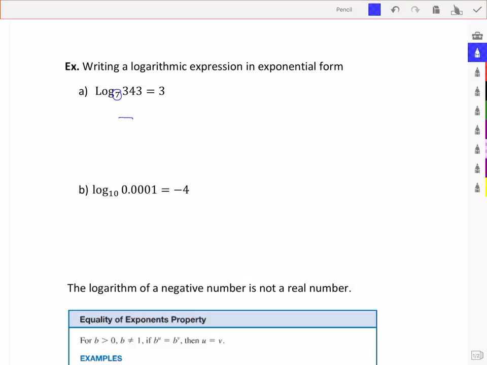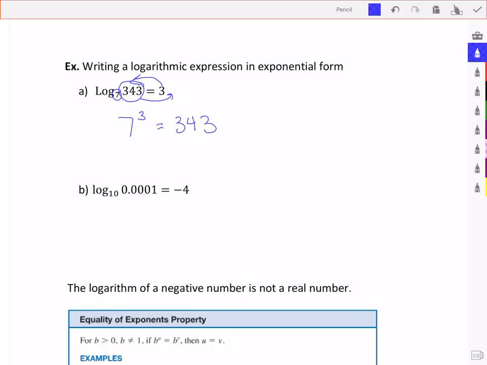So now the base of our log is going to be the base of an exponent. The 3 is going to jump across the equal sign and become the exponent, equals, and our 343 is going to go the other way. So we've got 7 to the 3rd equals 343.